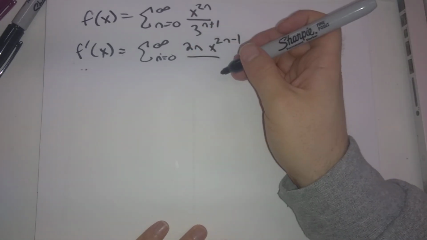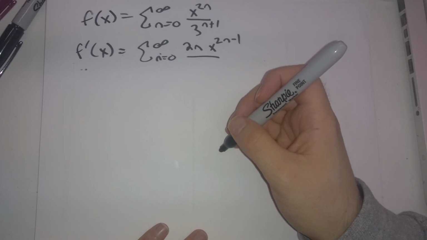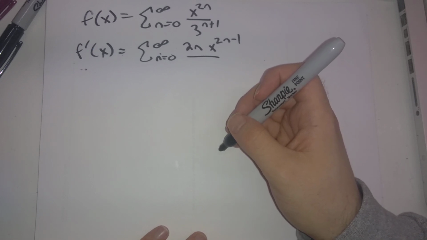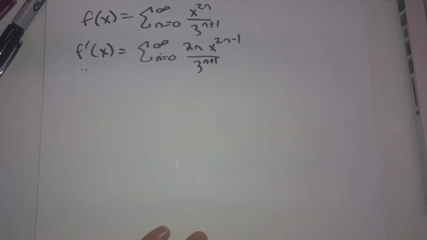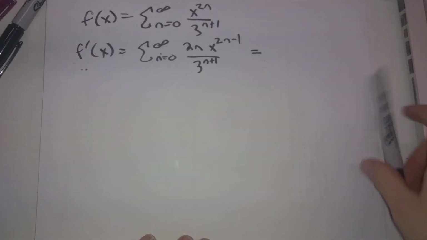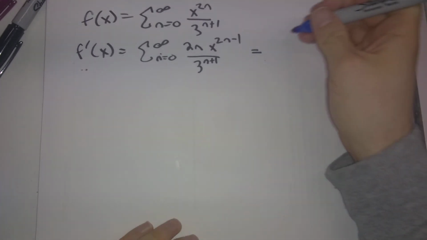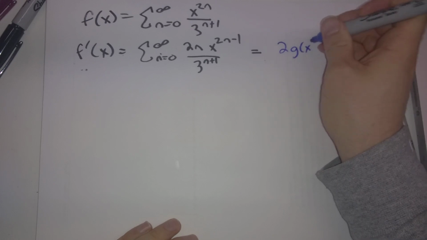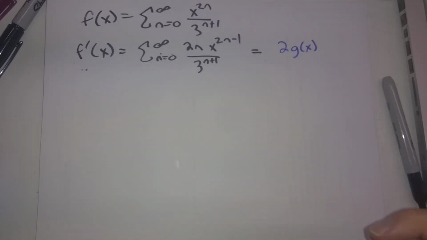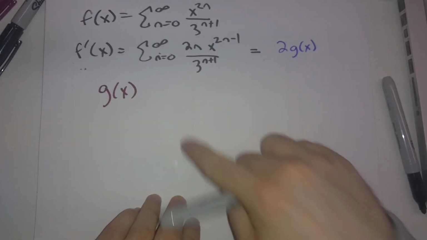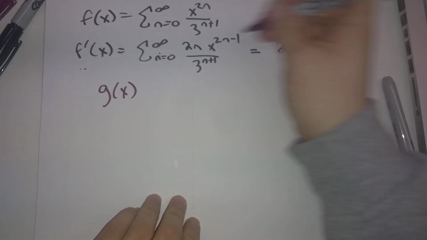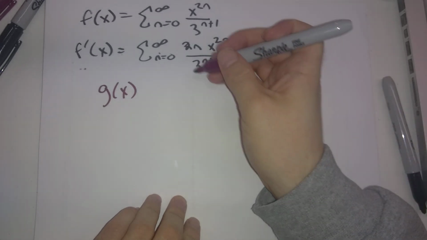The 3 to the n plus 1, we're taking the derivative with respect to x, so that's not affected. This is what things look like here, and this is equal to, as we said before, 2 times g of x. So for our final answer, g of x is just going to be this divided by 2, and I can just cancel out those 2's there.